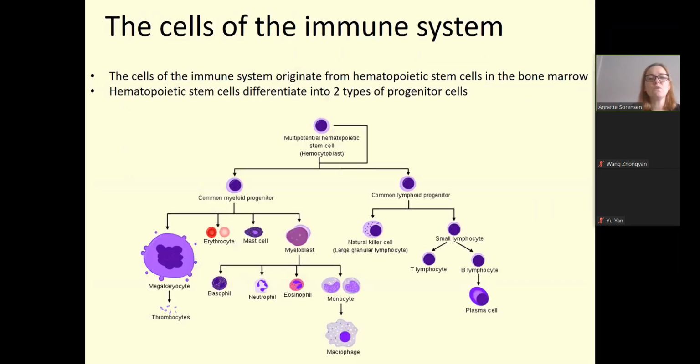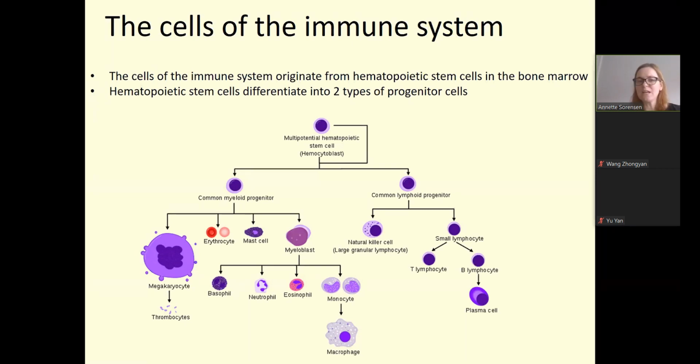We also looked at yesterday how all the cells of the immune system are differentiated from a common hematopoietic stem cell. So there is a common multi-potential hematopoietic stem cell, and that differentiates into progenitor cells. We have the myeloid progenitor cells and the lymphoid progenitor cells.